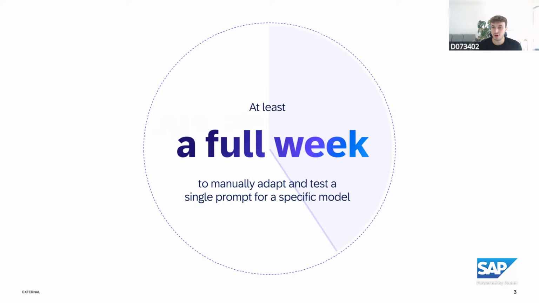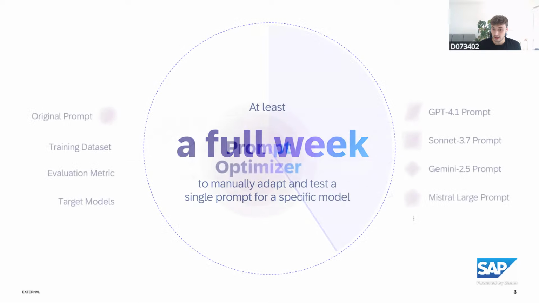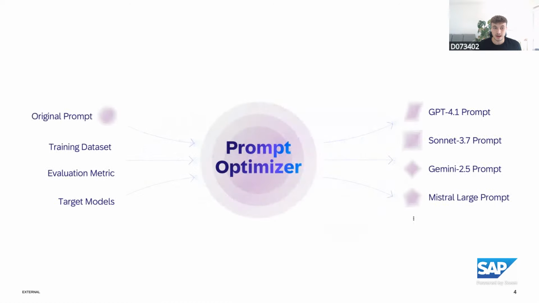This is where our prompt optimizer comes in, because the goal of our prompt optimizer is to automate this whole process of adapting and testing prompts for a wide variety of models. The way this works is that you have some original prompt, the prompt that you want to optimize.